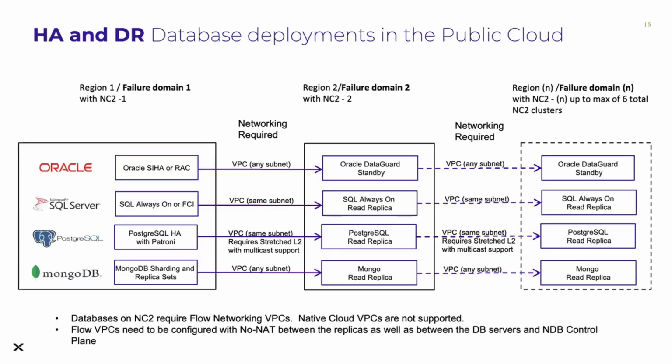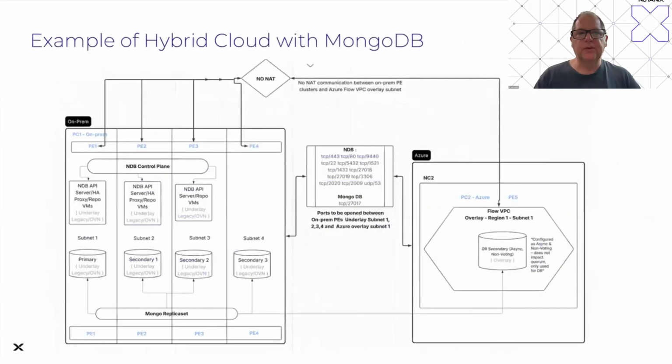I will just highlight one specific example that goes a little bit further. This is a MongoDB replica set architecture that actually spans on-premises and cloud. And we're seeing more and more of that from conversations with our customers, these types of hybrid scenarios where it's not just about HA across regions or DR across regions within a cloud provider, but maybe they have part of their database on premises and part of their database in the cloud, and they're actually trying to bridge the gap.